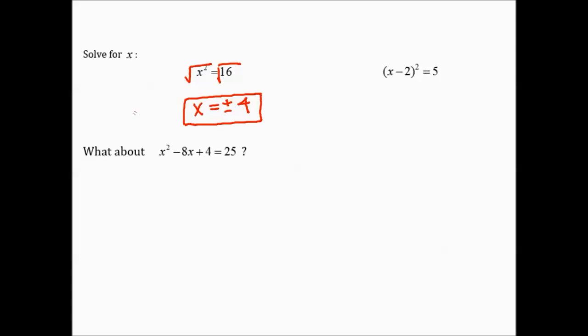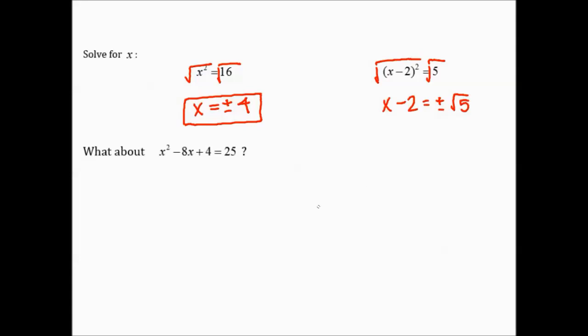Let's take a look at this other example. We have the quantity x minus 2 squared equals 5. Again, we need to start by taking the square root of both sides so we can cancel out that exponent of 2. So the square root and the squared cancel, and we're left with x minus 2 equals plus or minus square root of 5.